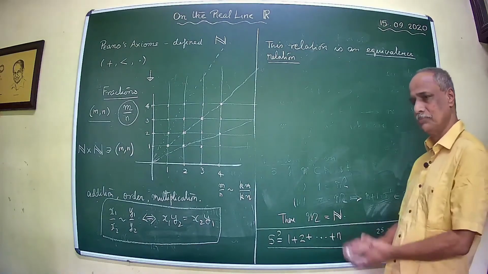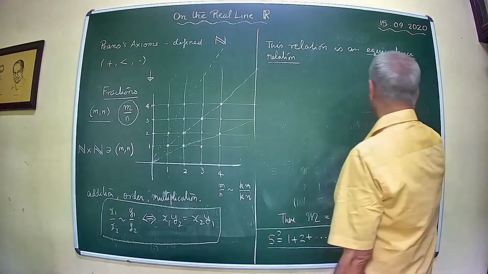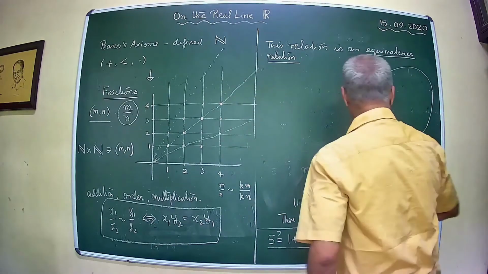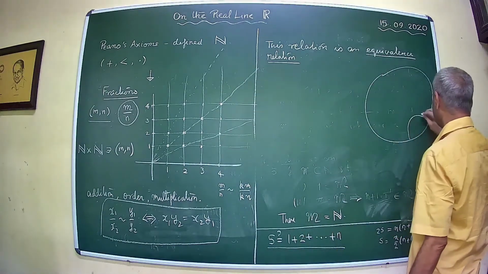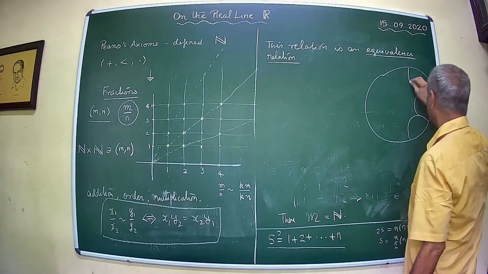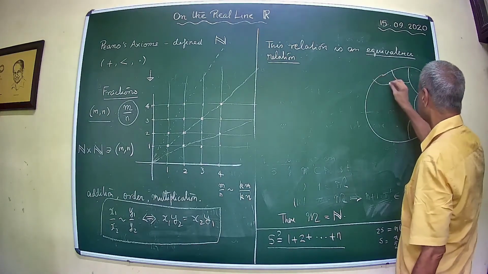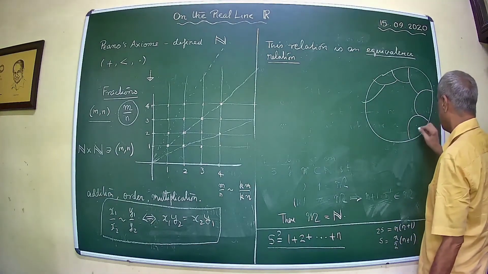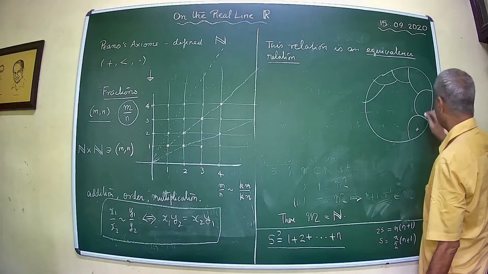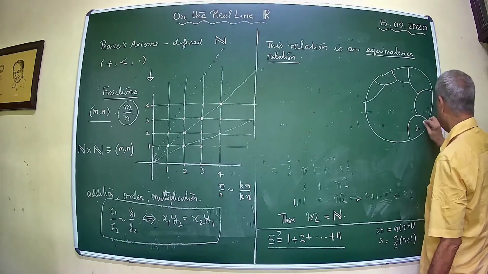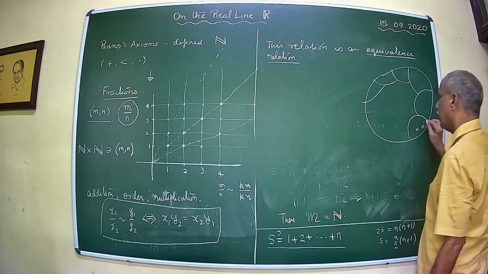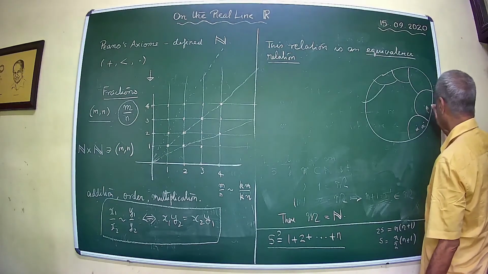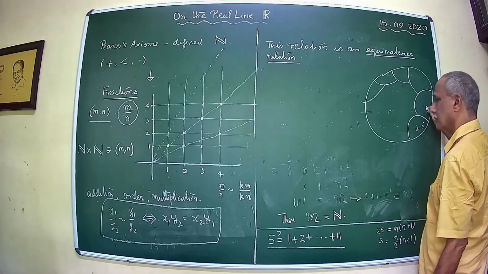So it splits the set into disjoint classes. And the property is that if you take an element alpha and an alpha 1 here, then alpha and alpha 1 are related. But if you take a beta here, then alpha and beta are not related.